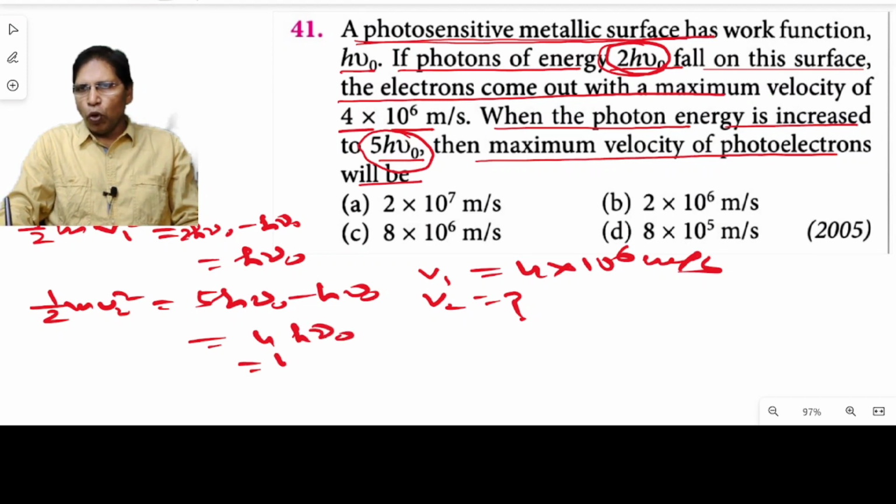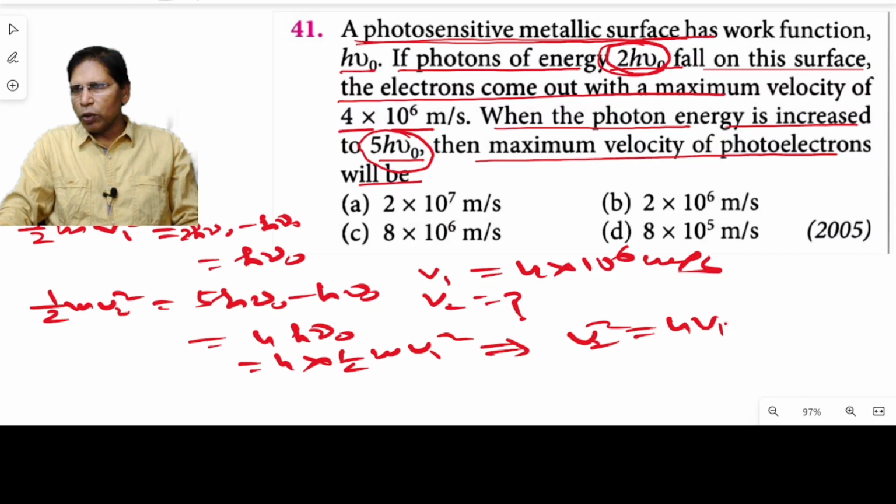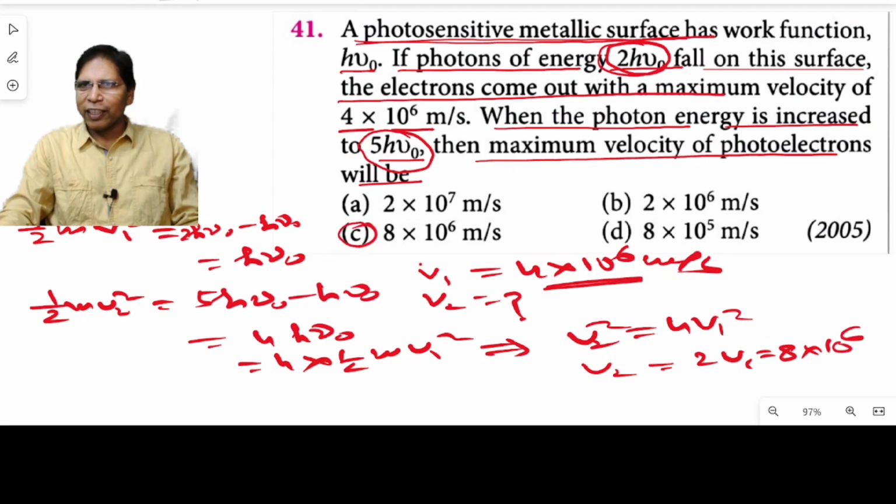Now 4h nu naught is 4 into half mv1 square. So look at this, v2 square equals 4v1 square. So v2 equals 2v1. Now what is v1? v1 is 4 into 10 to the power 6. So v2 is 8 into 10 to the power 6. Okay, look at this, option C correct.